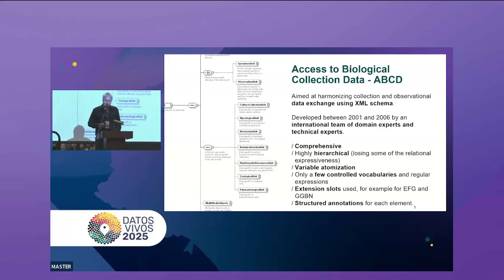And that was then actually the basis for creating the TDWG data standard Access to Biological Collection Data, ABCD, which aimed at harmonizing collection data across networks. It was developed between 2001 and 2006 by an international global team of experts, and the major properties of this model were that it was comprehensive. I won't tell you how many elements it has.